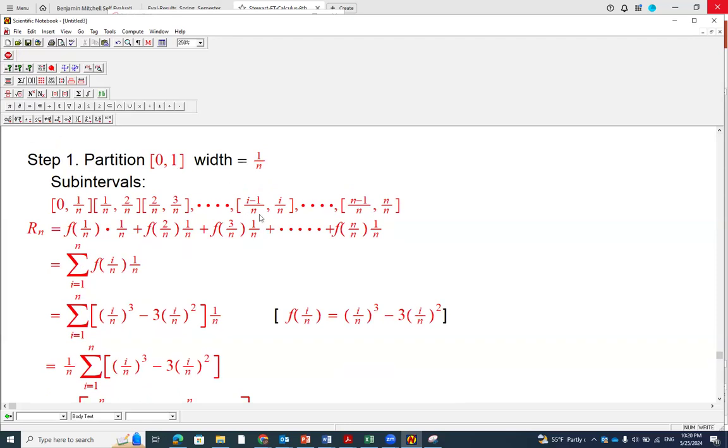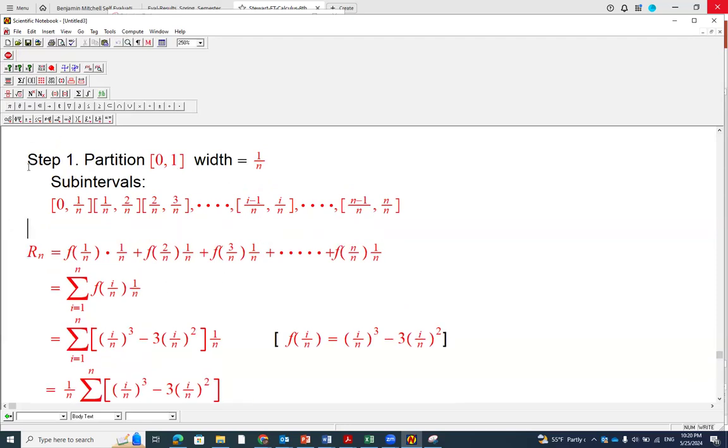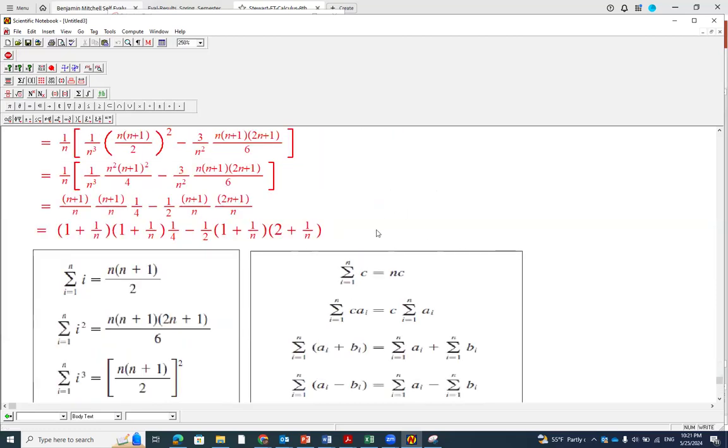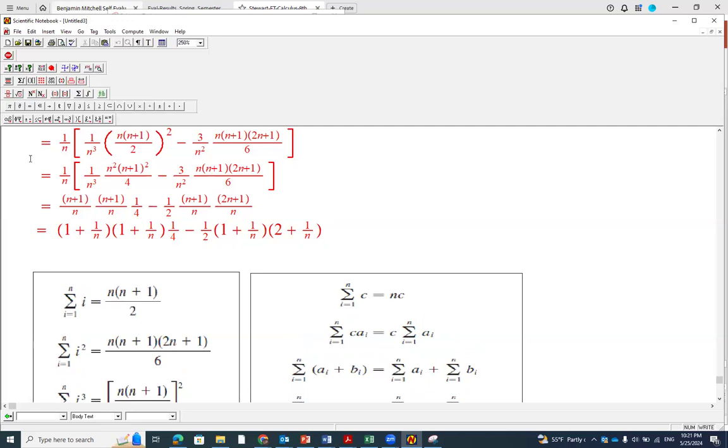So partition, and the second step, we done Riemann sum. We did it. I forgot to mark it. Step 2. Riemann sum. Right, so we constructed Riemann sum. Now we get to step 3.